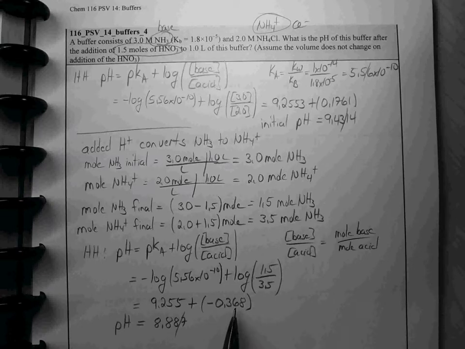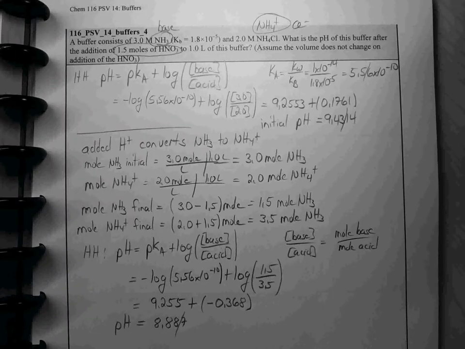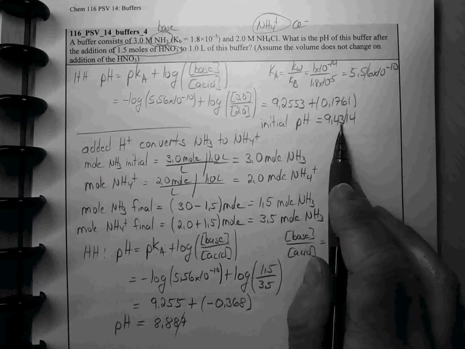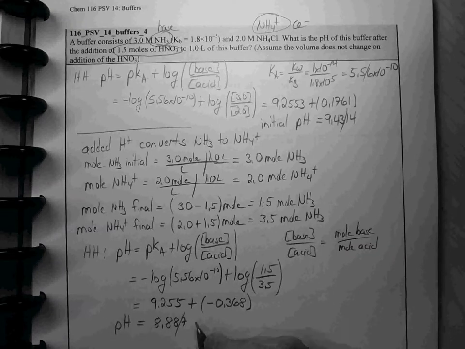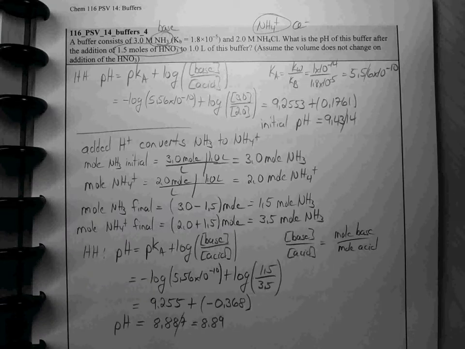It's gone down a bit, which is to be expected because we've added acid. It's going to become more acidic, but it really hasn't changed all that much. We've gone from 9.43 down to 8.89, so not a huge difference.